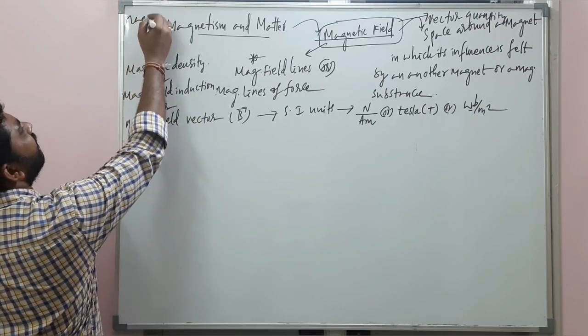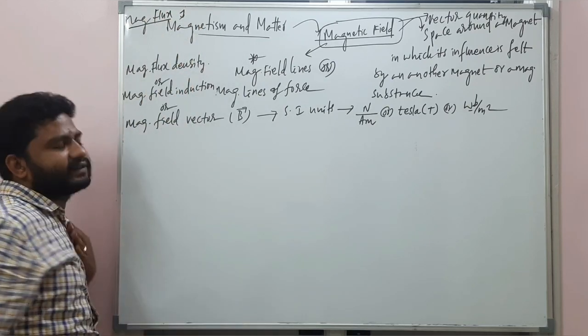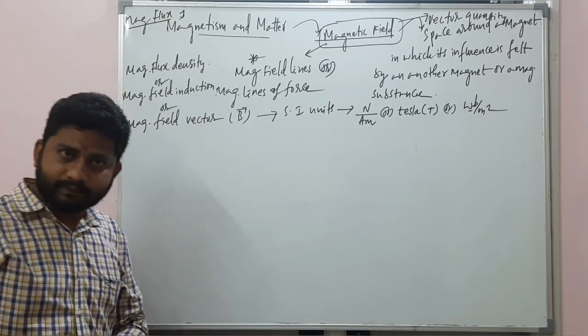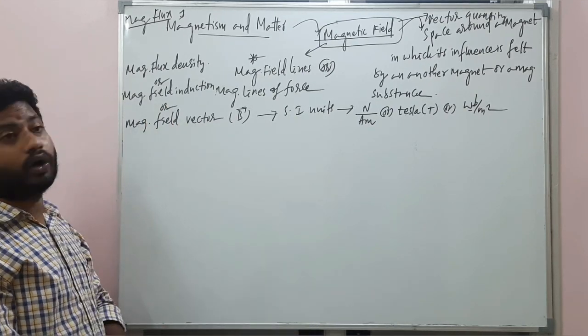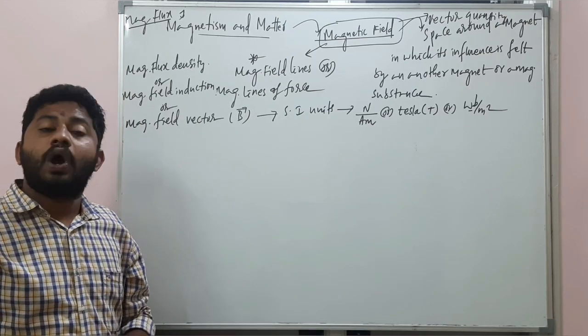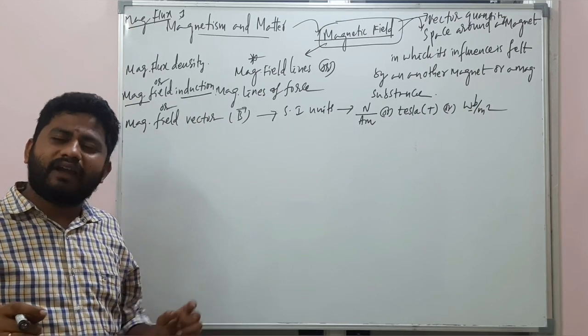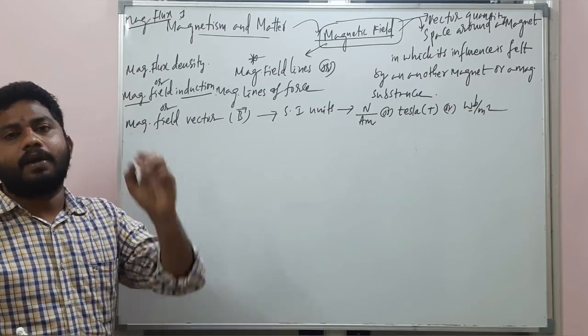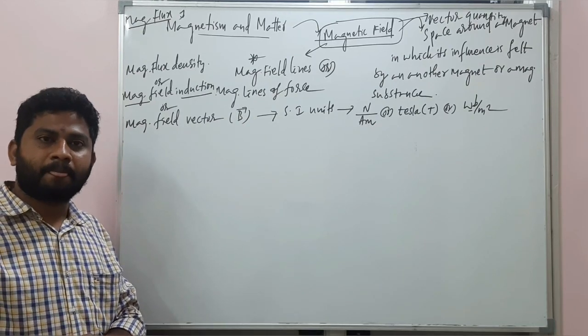Shall we focus on magnetic flux density, or magnetic field induction, or magnetic field vector, or magnetic induction? No confusion. Everything represents the same magnetic field. That's it. Ready? Everyone.